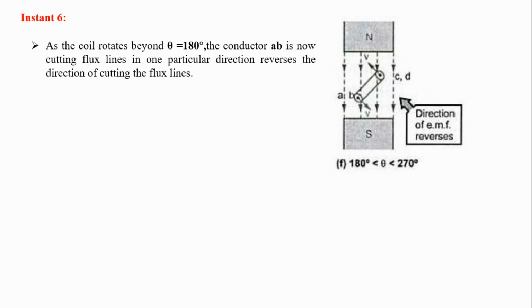But beyond 180 degree, coil side AB is under south pole, but coil side CD under north pole.